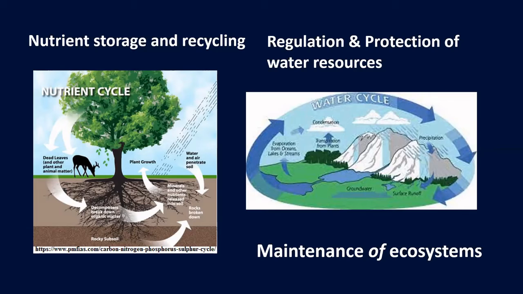So, given the complex nature of ecosystem relationships, any disturbance in one part of the ecosystem will affect the functioning of many other components of the ecosystem. That's how they maintain a balance.